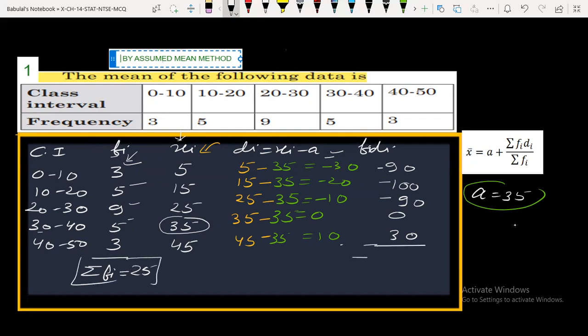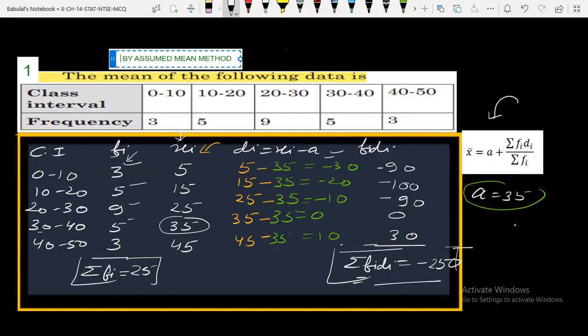And the sum of all fi into di is minus 90 plus minus 100, minus 190, minus 90, minus 280, plus 30, that is minus 250. Now we use the formula for the assumed mean method.